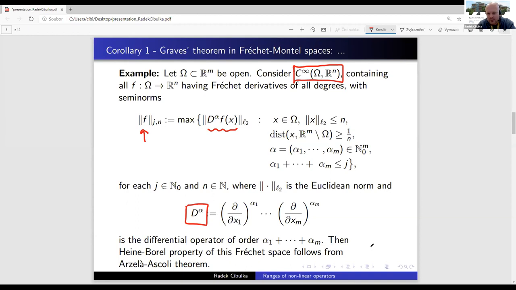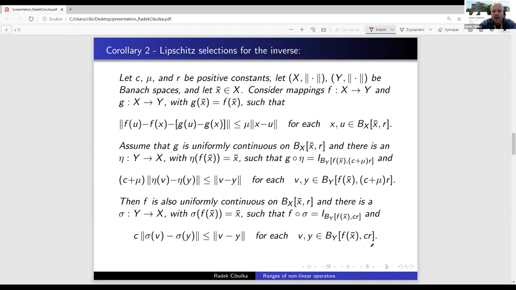So this is one example where you can apply this abstract result: for example, partial differential equations and solvability of these equations. So this is the first example, and let's go down.